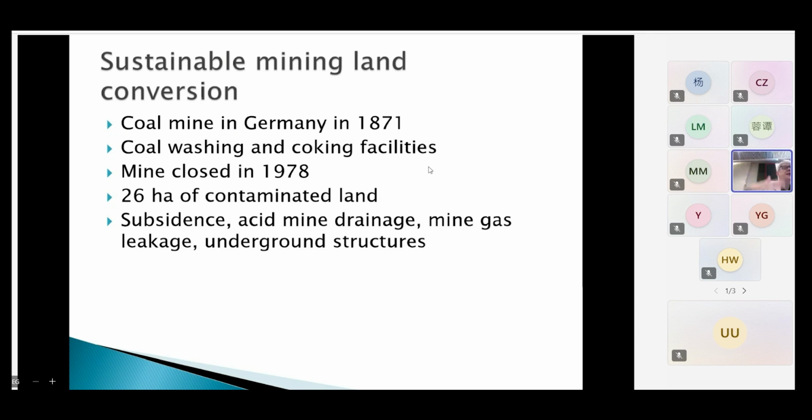There was subsidence; the land was starting to collapse a little bit because of all the underground work, and there weren't proper ground procedures underneath supporting it properly. You had acid mine drainage. You had gases from the coal procedures, so you had methane gas leaking. And you had a lot of underground structures, tunnels, all sorts of stuff.